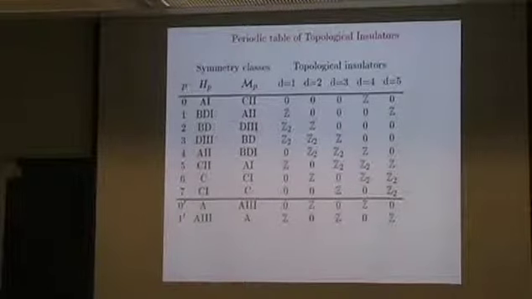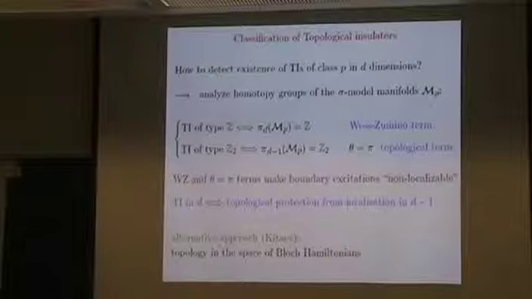So there is a direct way to understand this based on this disorder analysis, and quite remarkably, it agrees fully with the result obtained by Kitaev before by looking at just clean systems and analyzing topology in the space of Bloch Hamiltonians.